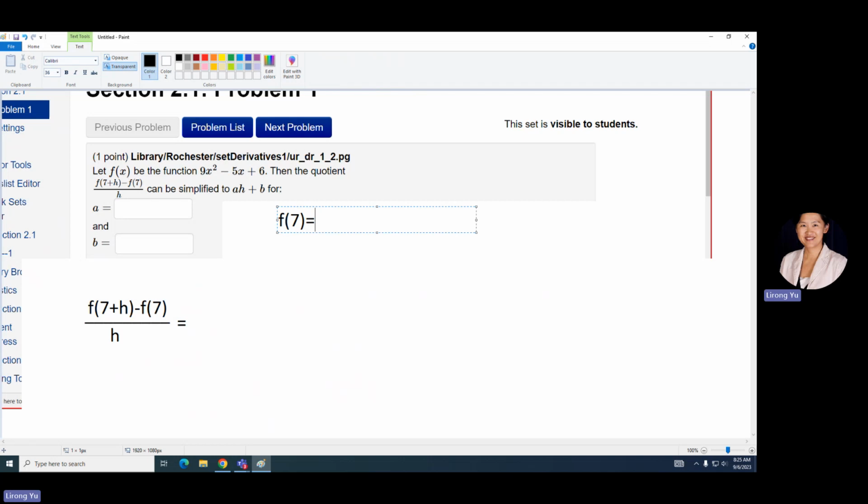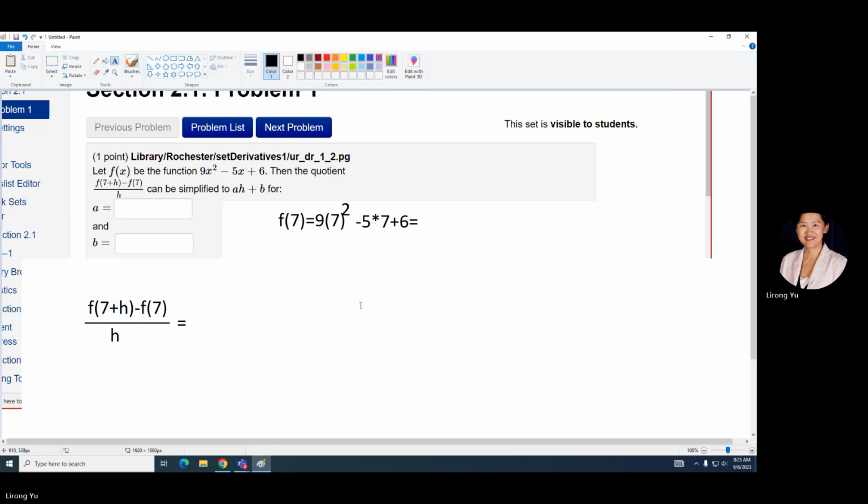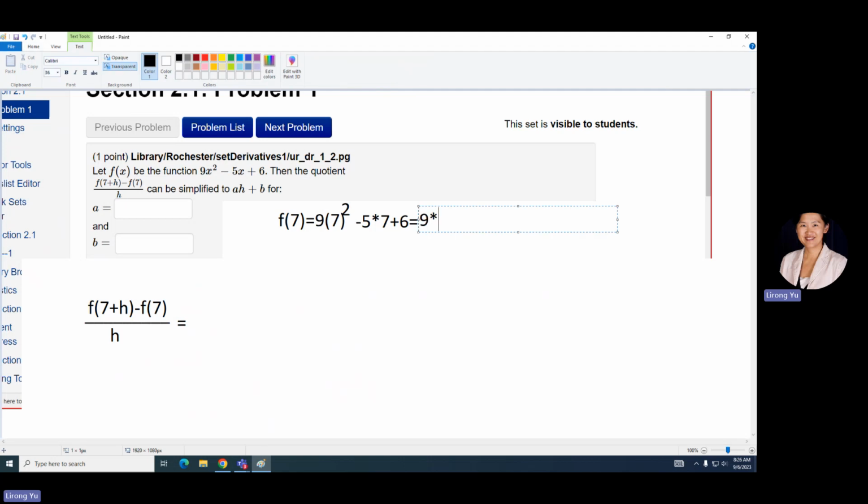Plugging in 7, it's 9 times 7 squared minus 5 times 7 plus 6. 7 has to be squared first, so it's 49 times 9, so 9 times 49 minus 35 plus 6.